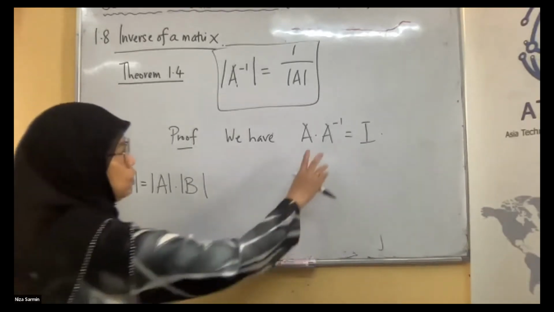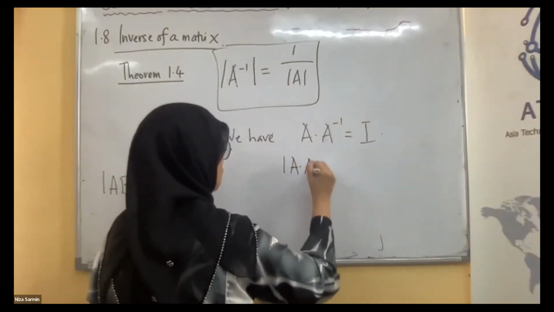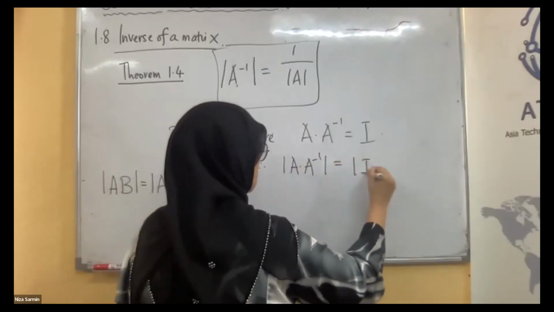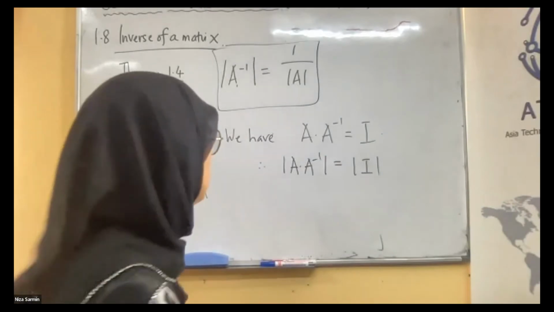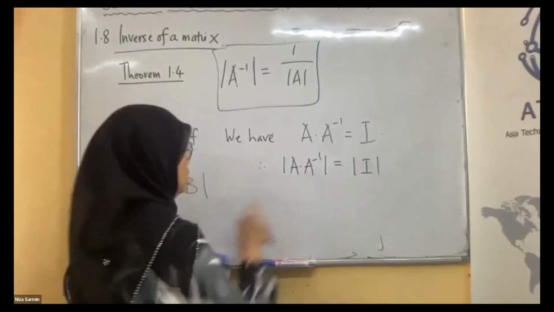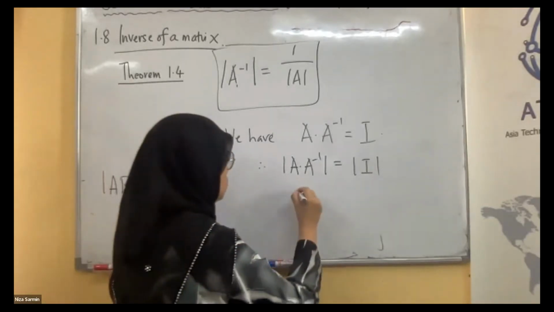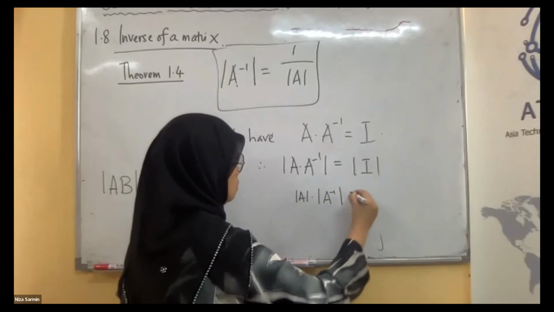Okay, so what's the determinant of this? Because they are equal, their determinants have to be equal also. What's the determinant of A times A inverse? Using this formula, this is equal to the determinant of A times the determinant of A inverse.